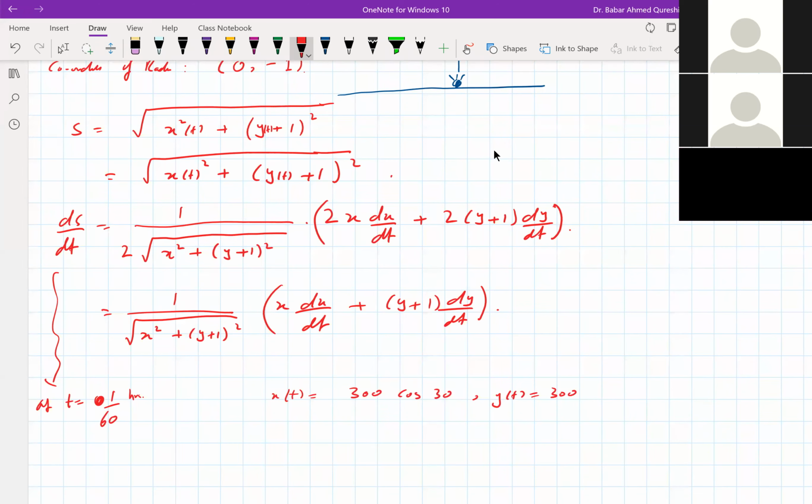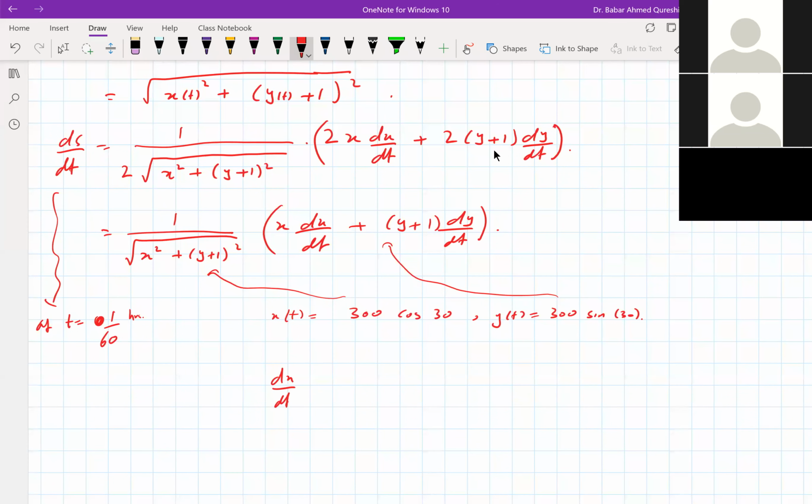You have to put the units in, I'm just not writing them for now. You get these numbers, put them here for x and y.